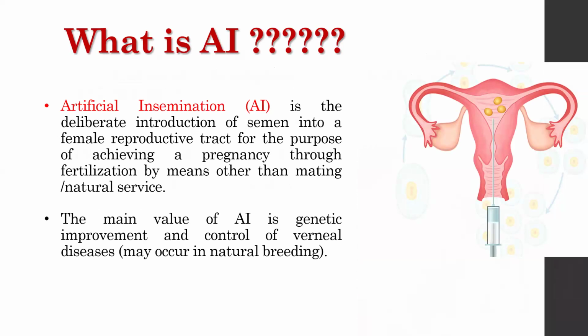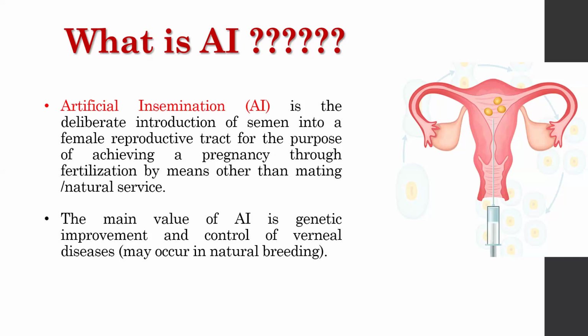So one must know what artificial insemination is. It is the deliberate introduction of semen, which is the ejaculate from a male, into the female reproductive tract, for the purpose of achieving a successful pregnancy through fertilization by means other than natural service.